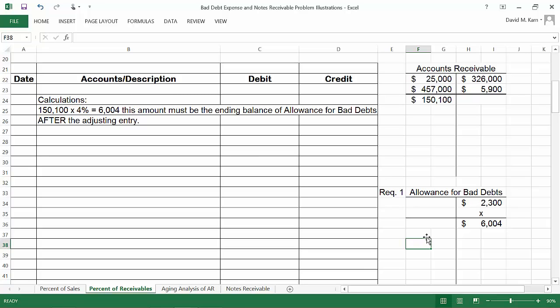So if you think about this, you'd solve for X. Basically, you would take X plus 2,300 equals 6,004. I'll just write it out over here. And remember, to get X by itself, we would subtract 2,300 on both sides.